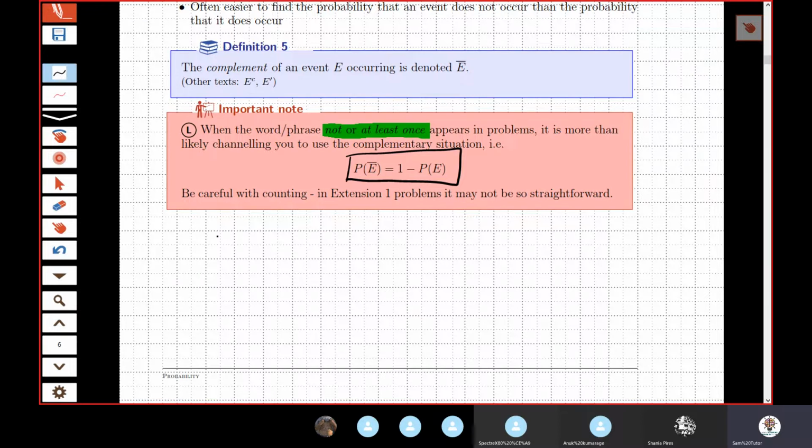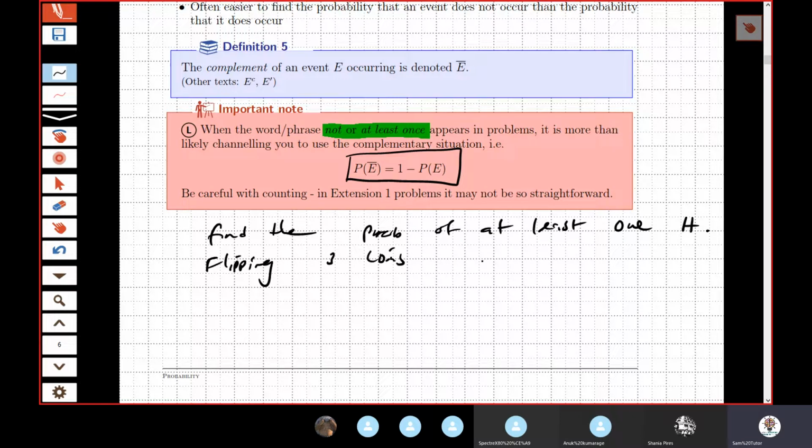If I said, find the probability of at least one head when flipping 3 coins, right? The trick to it would be: probability of at least one head is equal to 1 minus the probability of no heads at all.